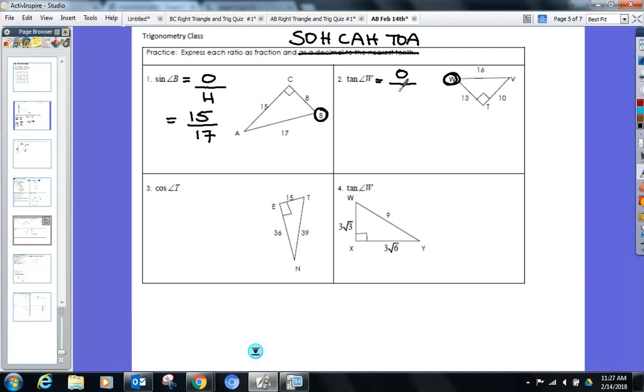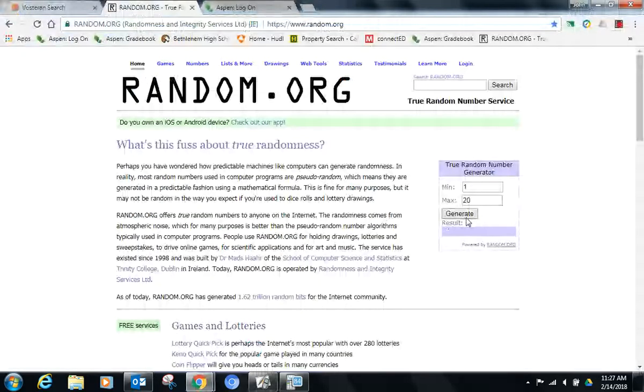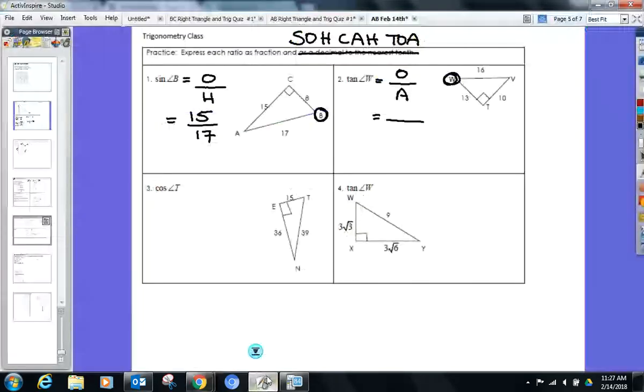I just want to know opposite over adjacent. Now I'll ask somebody else. What is the opposite side to W? 10 over the adjacent side. 13. Adjacent means the leg, not the hypotenuse next to it. So 10 over 13 is tangent W.